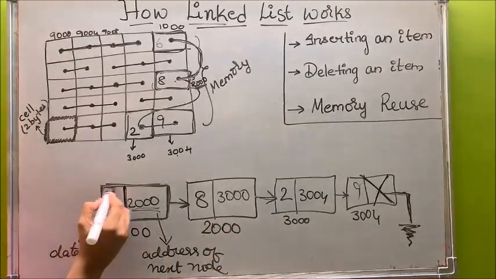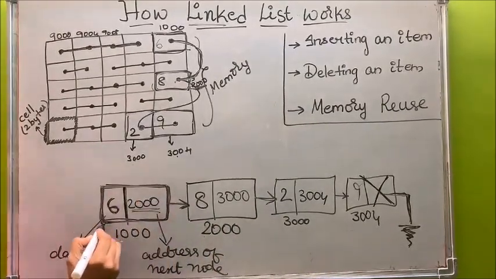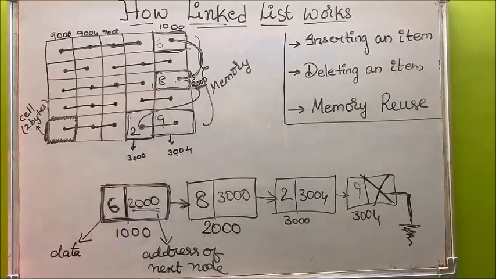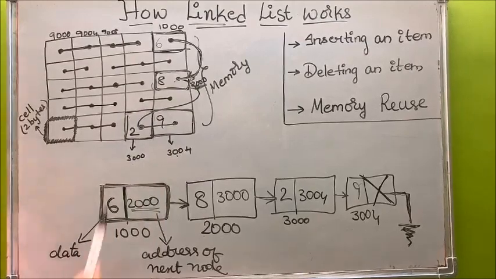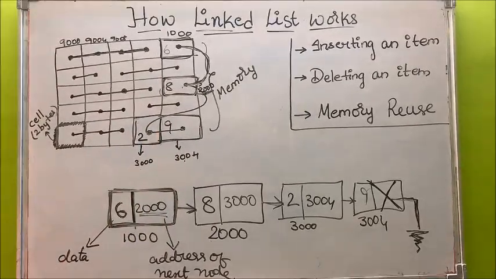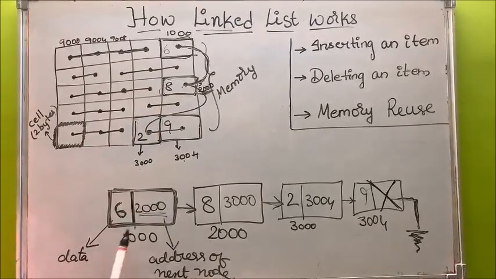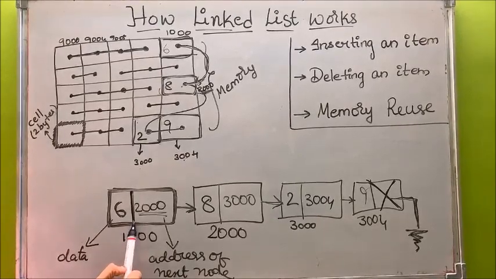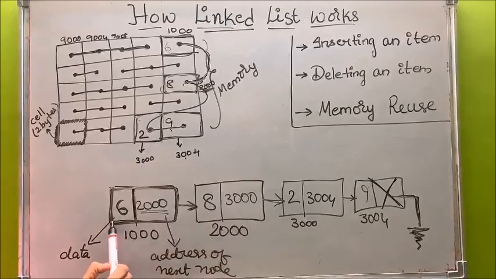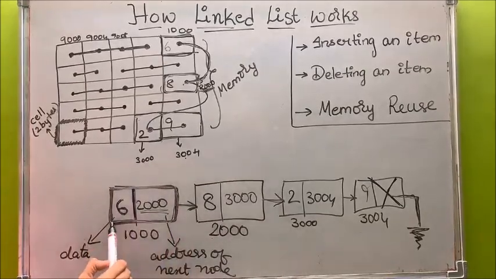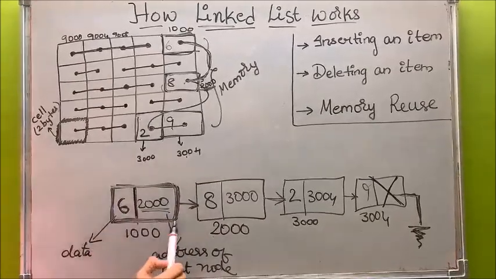What if the first node is not known to the compiler? It doesn't have any information about 8, 2 and 9. That means, as each and every node is having some information about the next upcoming node, in the same way the compiler should have information about the initial starting node.